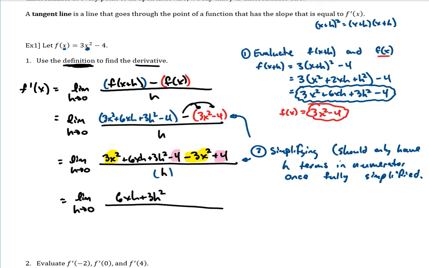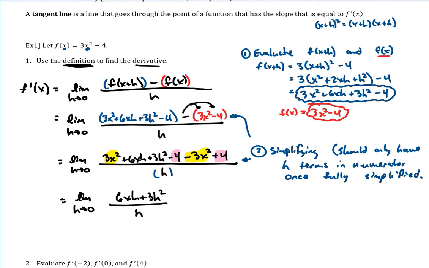And I didn't really need, let me erase that big old fraction. I didn't need it that big. There we go. And then that's it, because the highlighted yellow is 0, the highlighted pink is 0. And again, we should only have h terms, and we do. There's an h and then there's an h, so each term has an h involved.